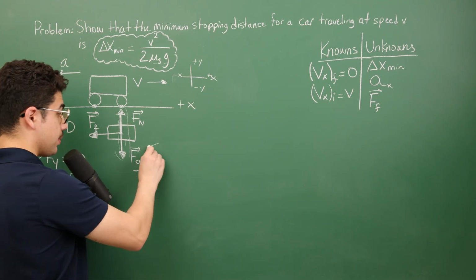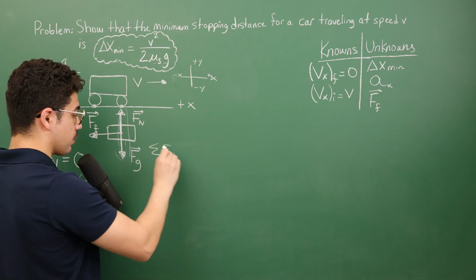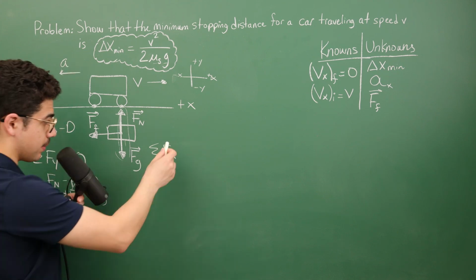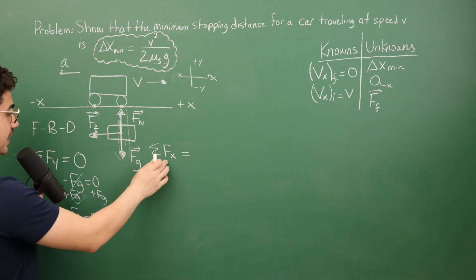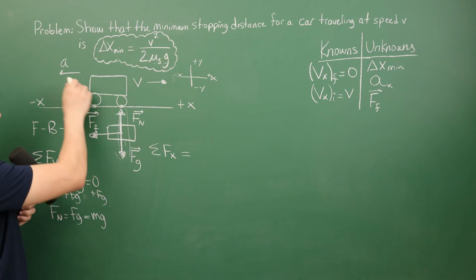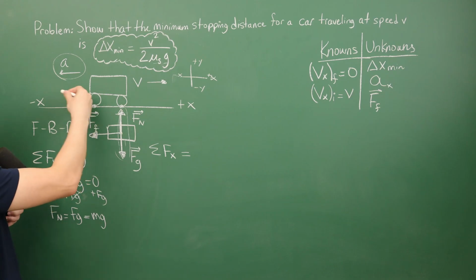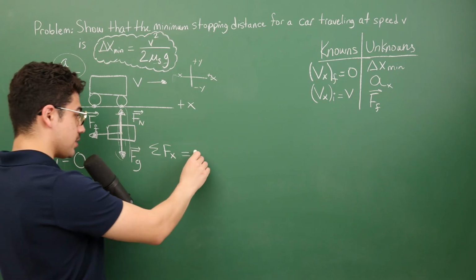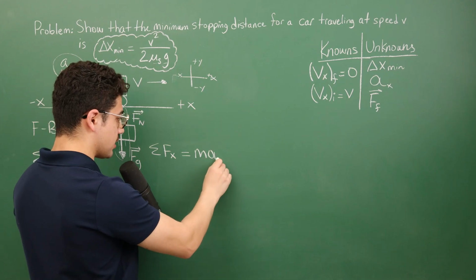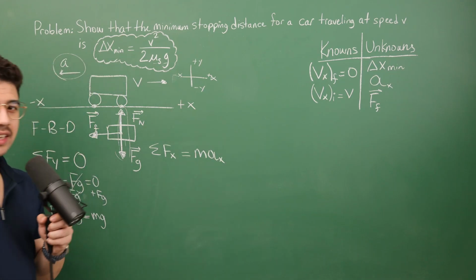Now, the important piece of information is with my horizontal information, because I ask myself, is this car accelerating horizontally? The answer is yes. The acceleration points opposite to the direction of motion because it's slowing down. So because there is an acceleration present, I set it to max.